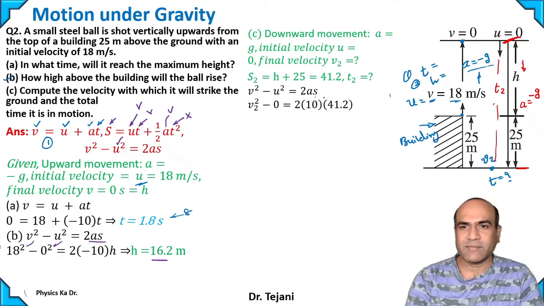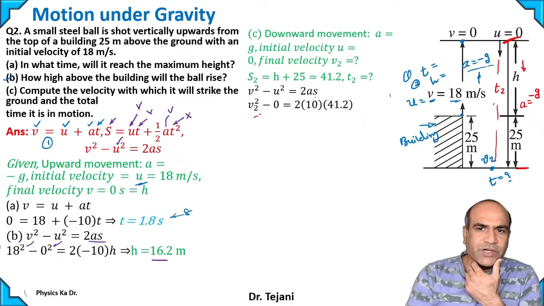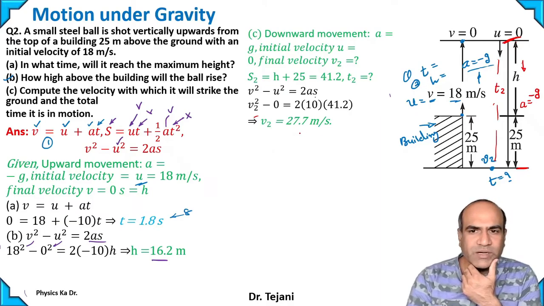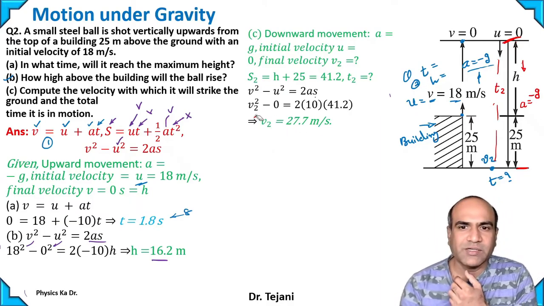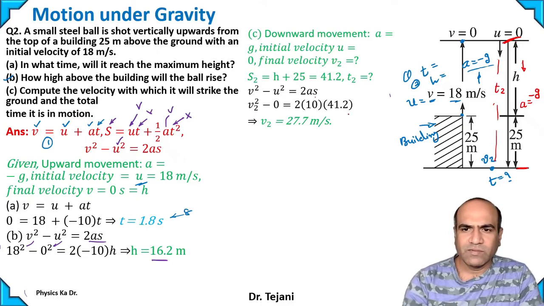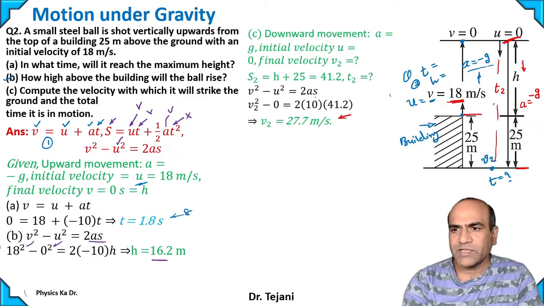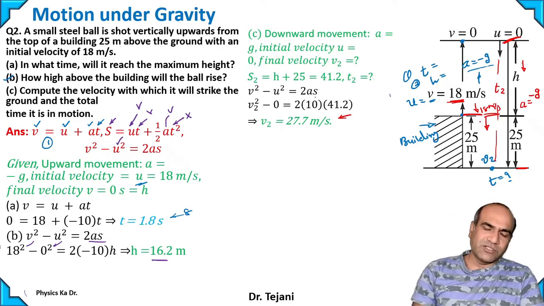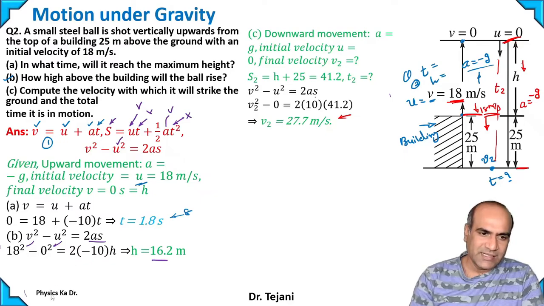So v2 becomes 27.7 meter per second. It strikes the ground at 27.7. You can cross-check also. That value should be greater than 18 meter per second, because if it reached the exact same position, it would be 18 meter per second. But it further increases its speed because it has acceleration.